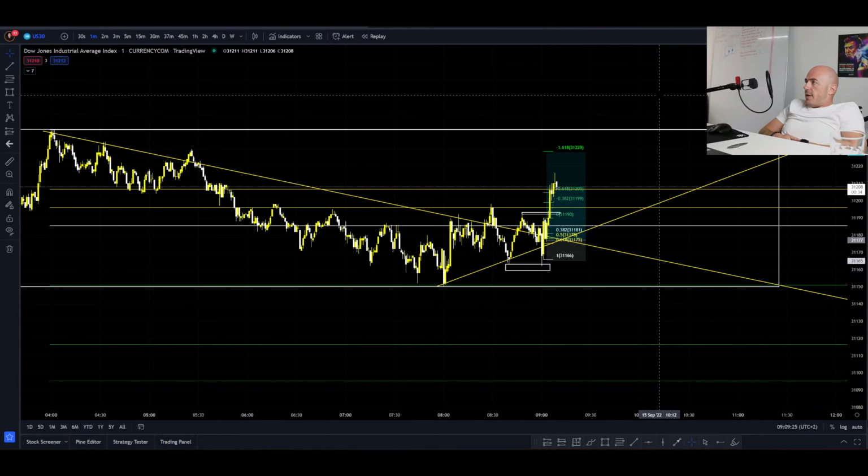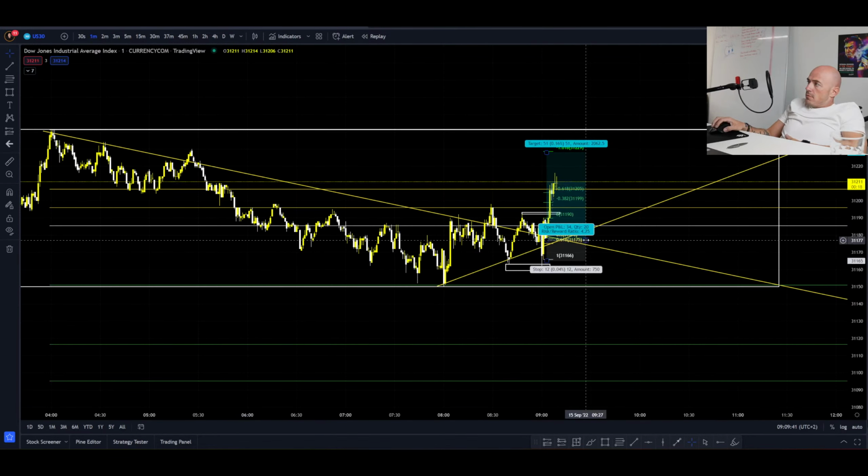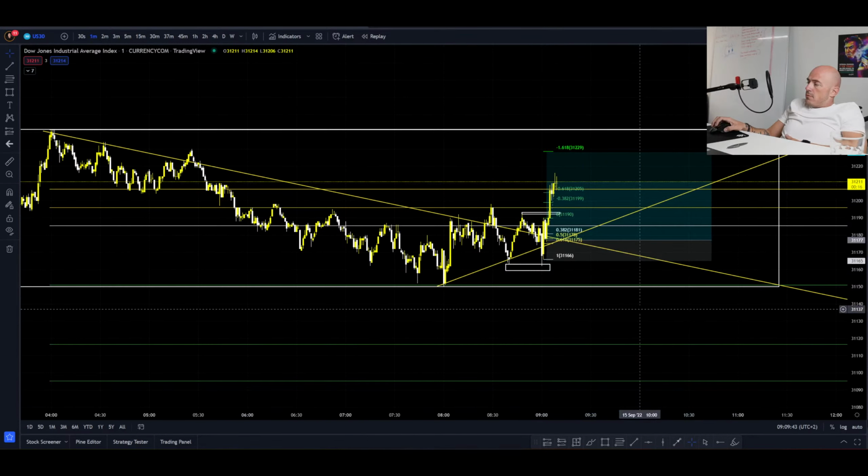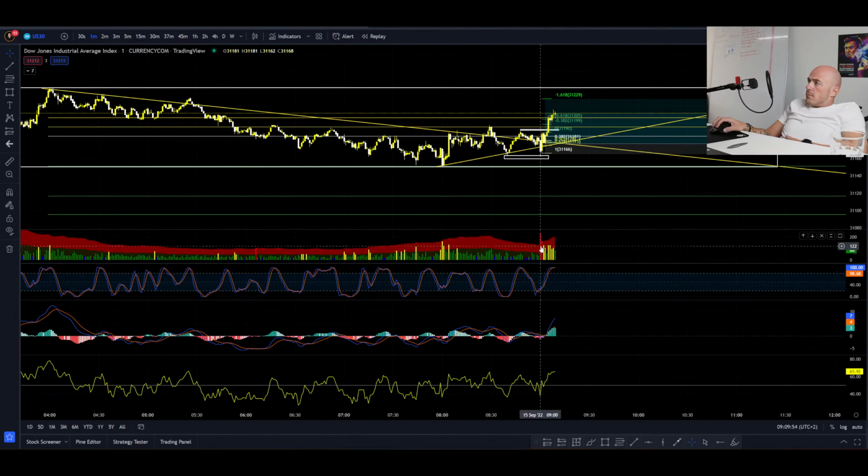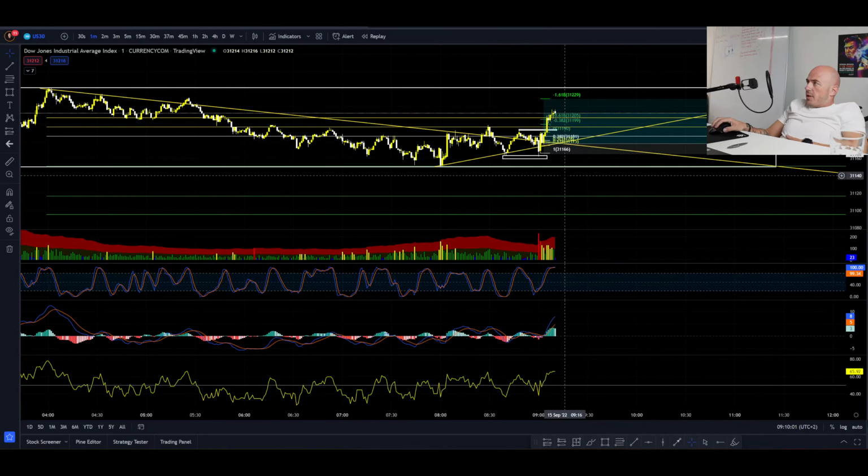Does not change the fact, all of the confluences lined up on that 1 minute fib retracement though.